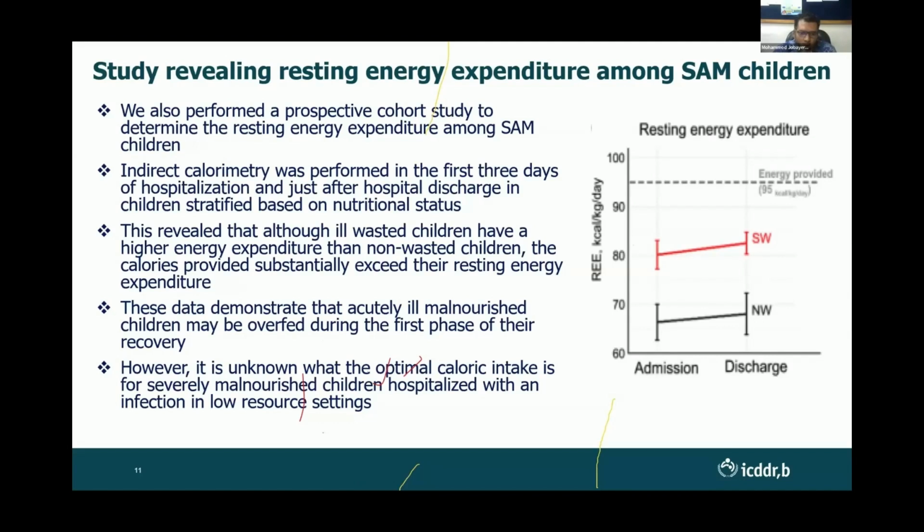We don't know the optimal level of calories to offer these severely malnourished children, because we find energy expenditure much lower, and simultaneously we find that with acute feeding at that calorie amount and volume, there is a significant development of ileus, which has a high mortality.